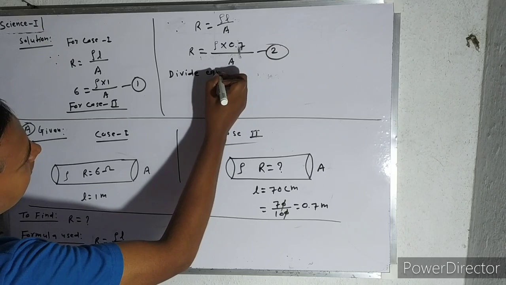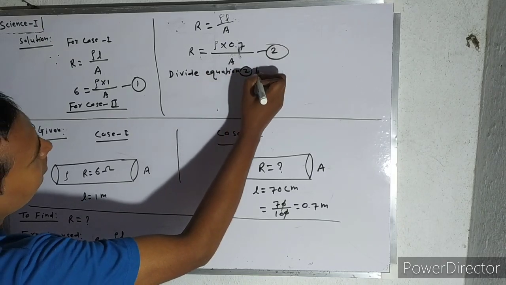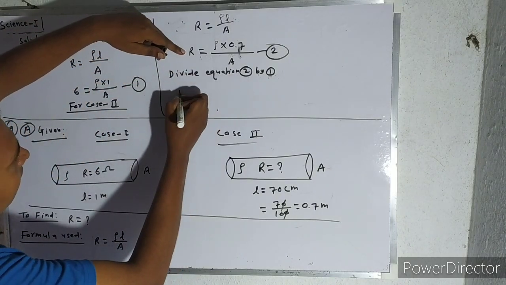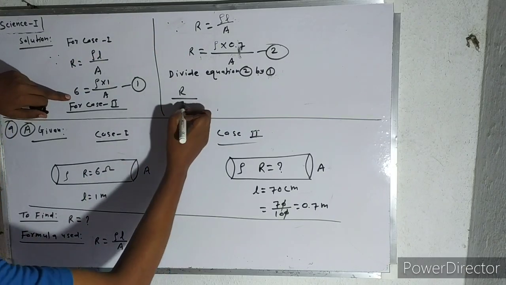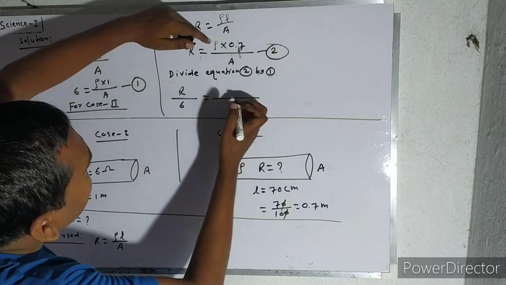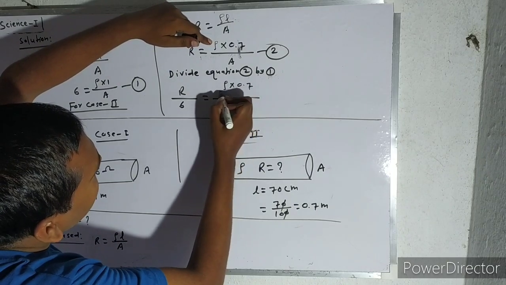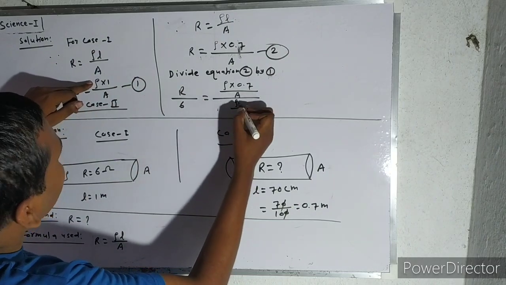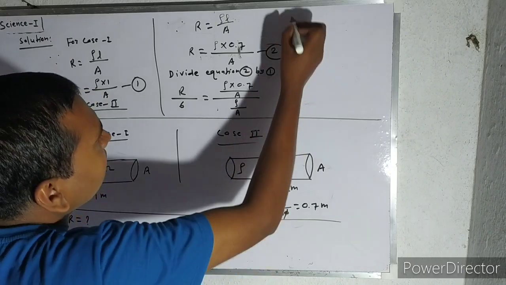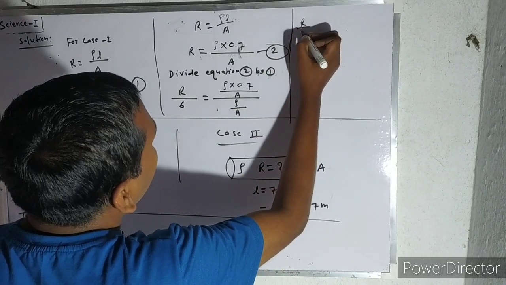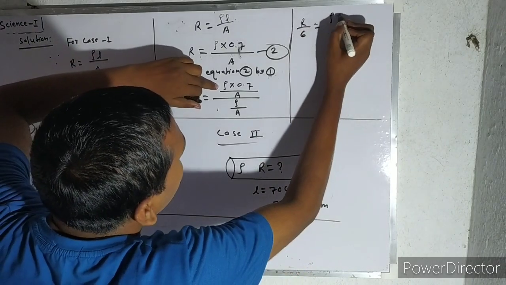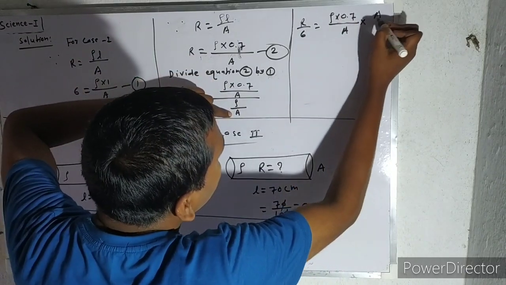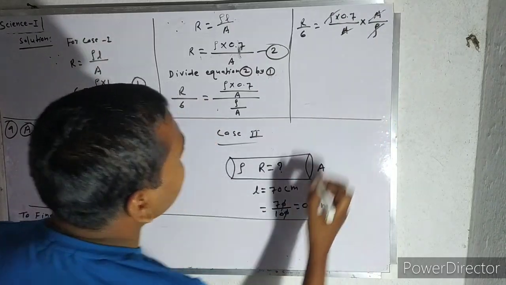Divide equation 2 by 1. So R upon 6 is equal to rho into 0.7 upon A, into 1 upon rho A. Rho cancels, A cancels.